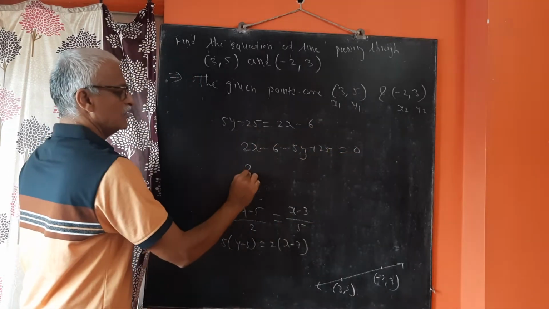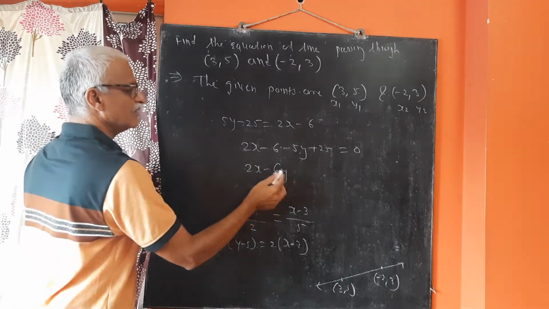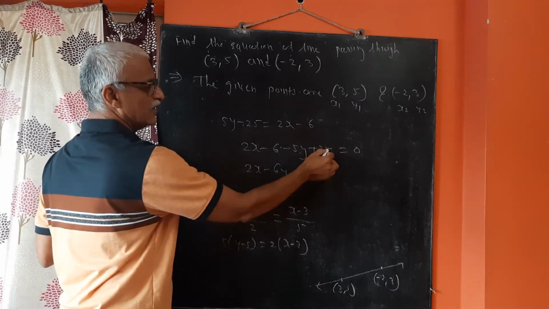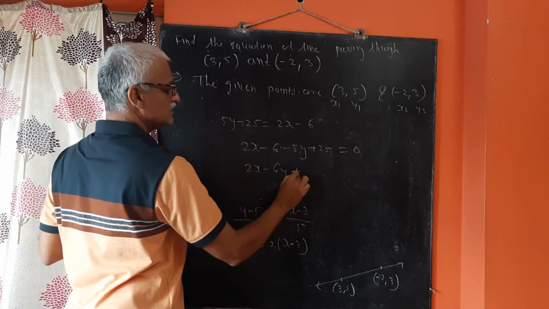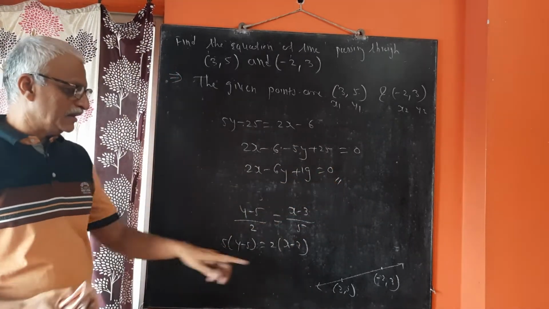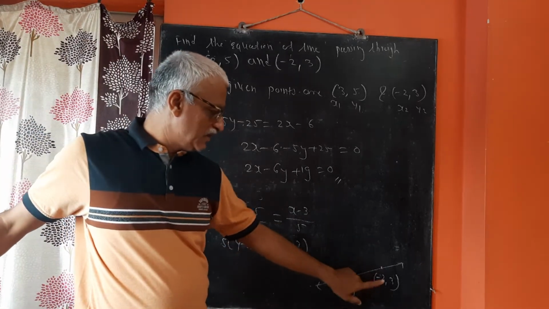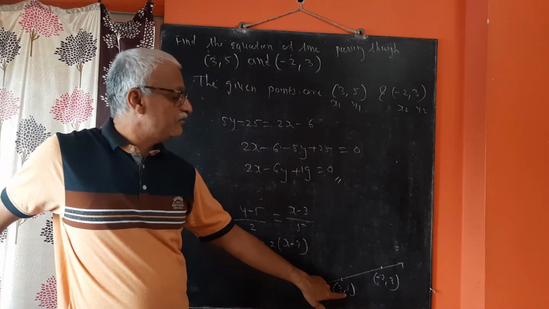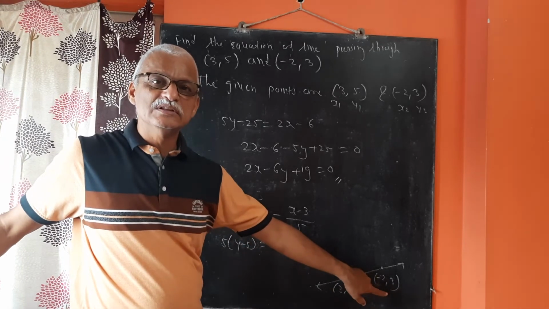Or we can write 2x − 5y − 6 + 25, so 25 − 6 is plus 19, equals 0. That is the required equation of this line passing through the points (3, 5) and (−2, 3).